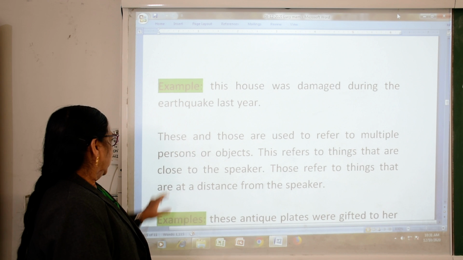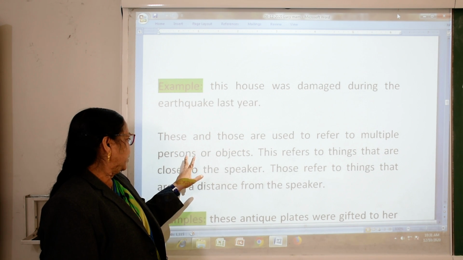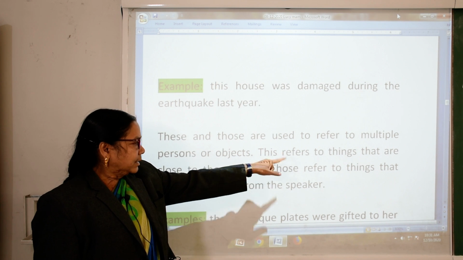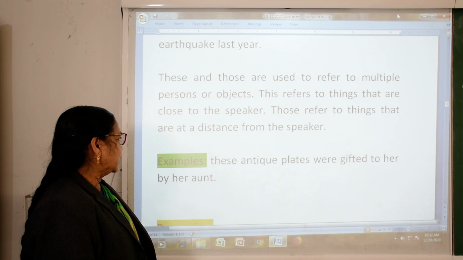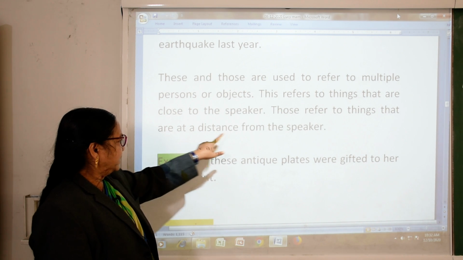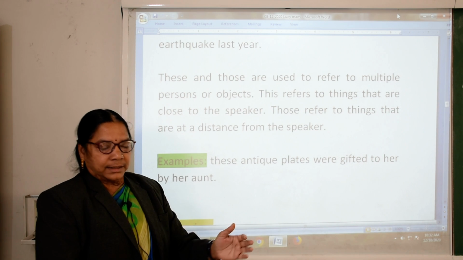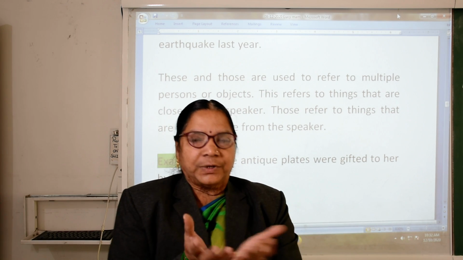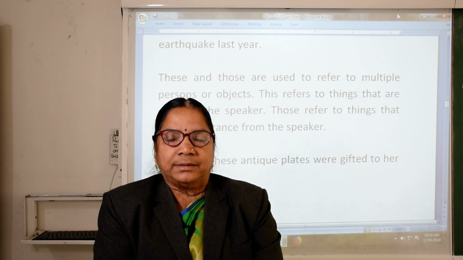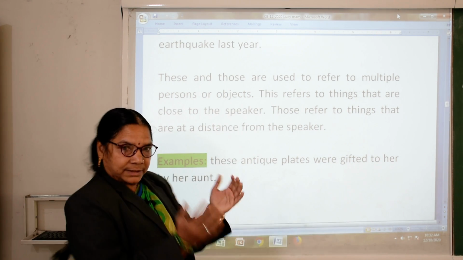These and those are used to refer to multiple persons or objects. These refers to things that are close to the speaker. Those refers to things that are at a distance from the speaker. See, these are some flowers. If the flowers are in my hand, I will say, these are some flowers, close to me.